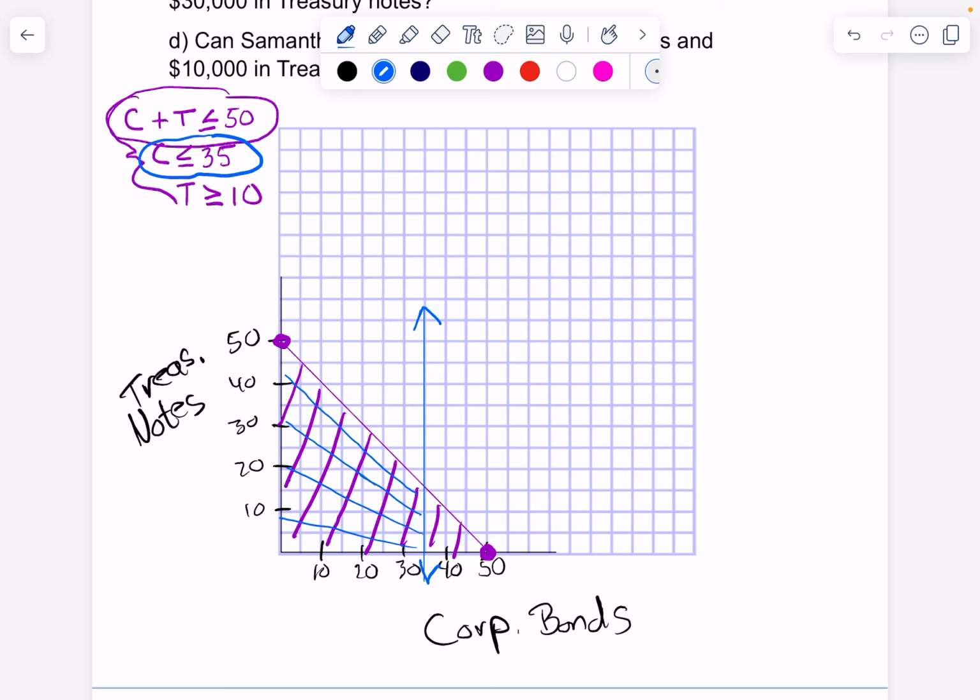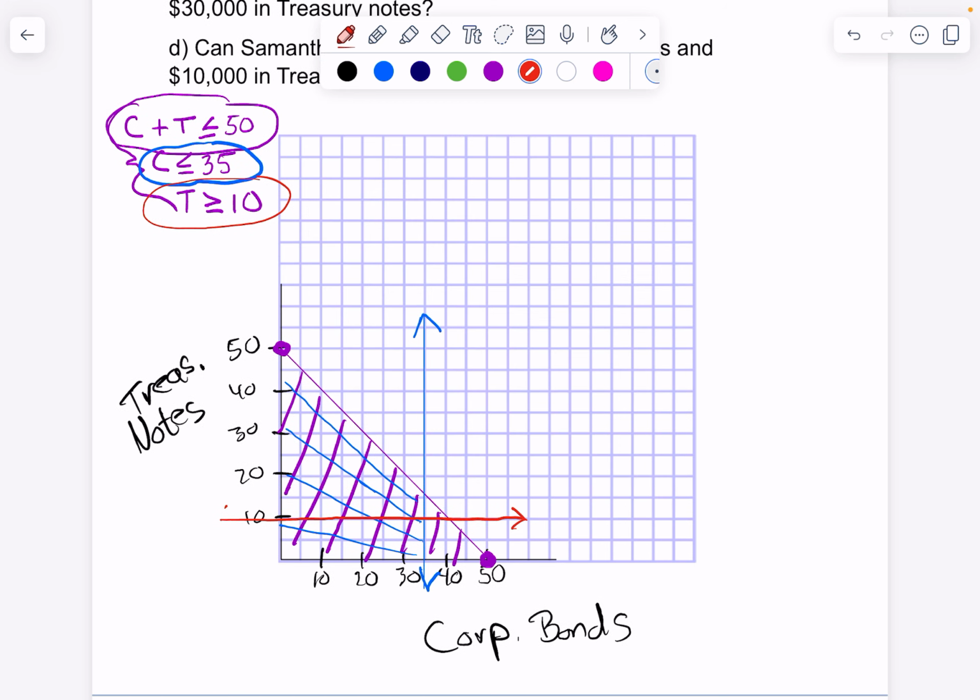And then last but not least, we know that treasuries have to be greater than or equal to 10. So over here we have a horizontal line, and that's greater than or equal to 10. So once again we shade up, and now if you can see where all three shadings occur, that's my solution right in here.